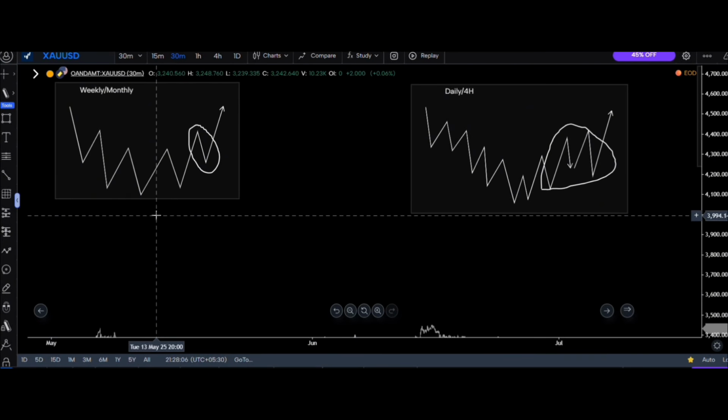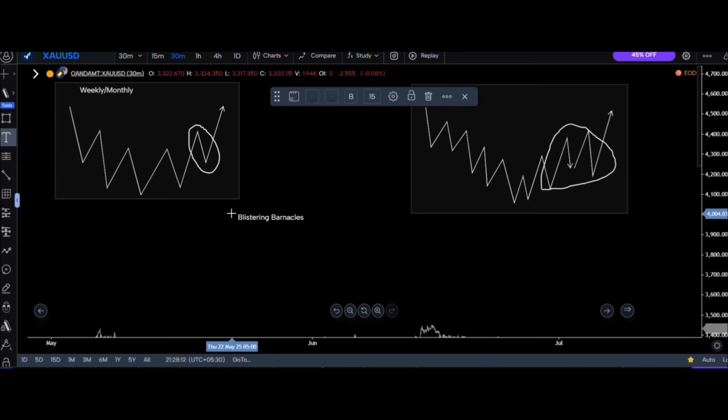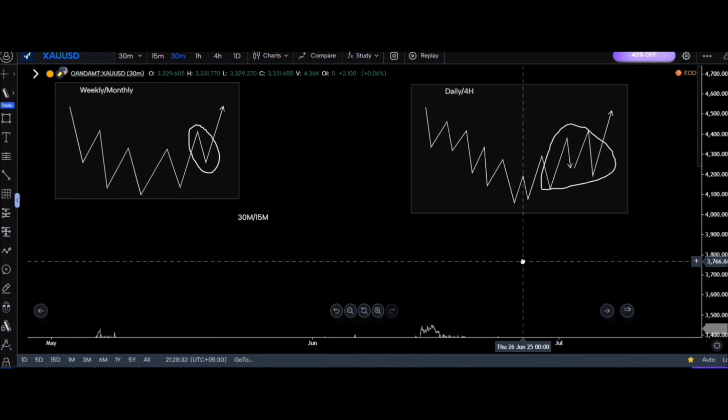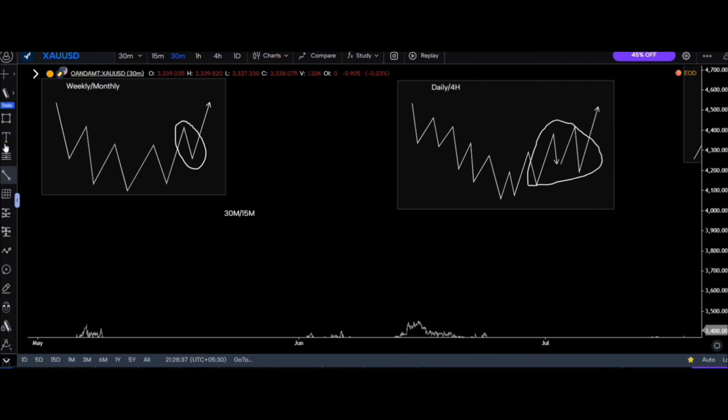The lower time frame, how does it look? Let's take the 30-minute or 15-minute time frame. See how it looks here. In the 30-minute and 15-minute time frame, the chart looks like this.